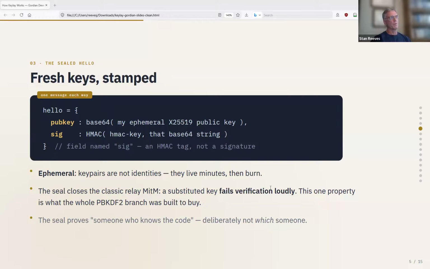And now both parties have the other one's public key and their own private key, and it's been authenticated through the code. So there's no way that you can have a man in the middle attack with this particular approach, because that code at the beginning is the authentication layer that makes sure that no one else can just substitute a key into the process.